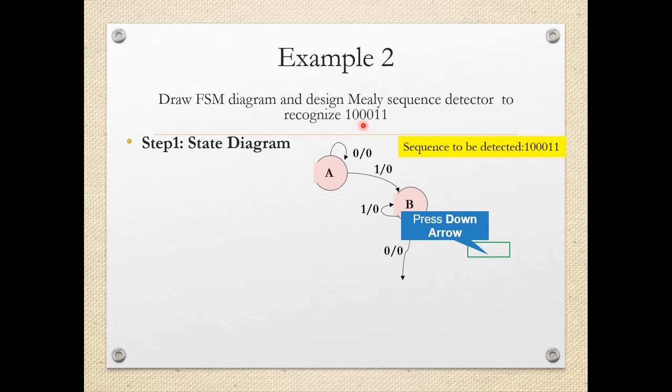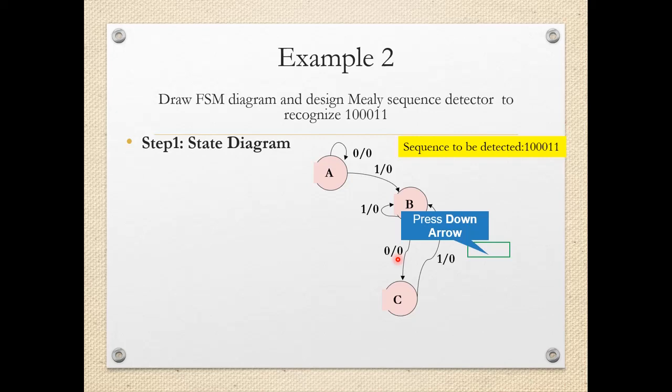Now in C, we'll check for the third bit. Now for the third bit, the correct sequence is 0. If 1 comes, then go to state B. Why B? Because now the correct sequence may start from here.